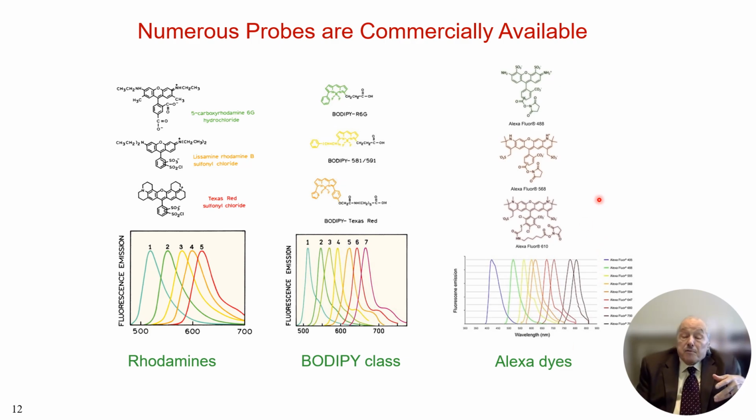These were all made for a specific purpose, which I'll explain to you later. But the good news is you open up one of many company catalogs and you can find these probes for sale in forms that contain reactive groups, and will attach to biomolecules.